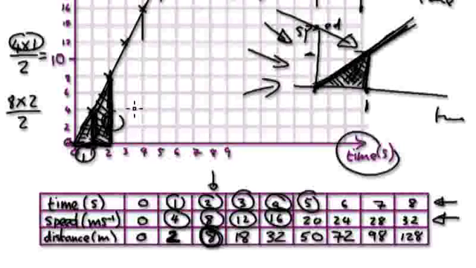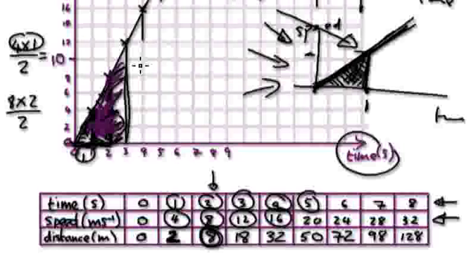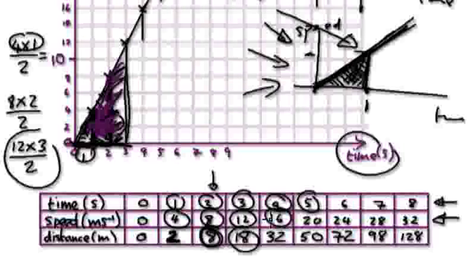Okay, and if you look at 3, after 3 seconds, you would need to know the area of the whole graph here. The height here will be 12. Then you need to times it by 3, and then divide it by 2, and all this comes to 18.